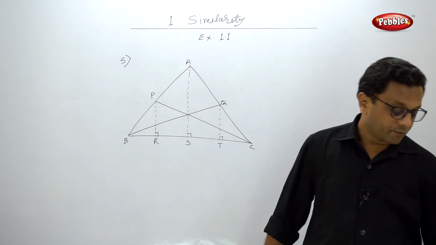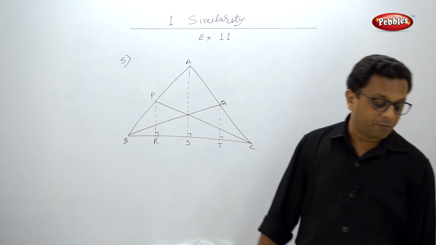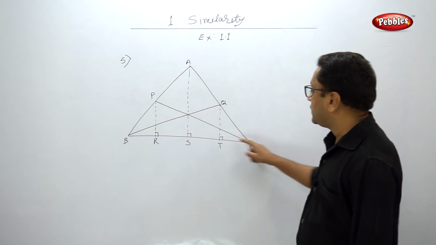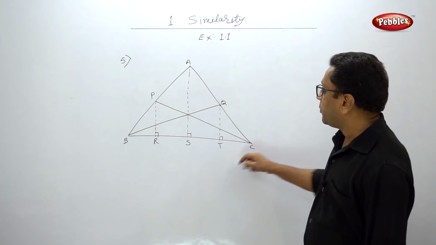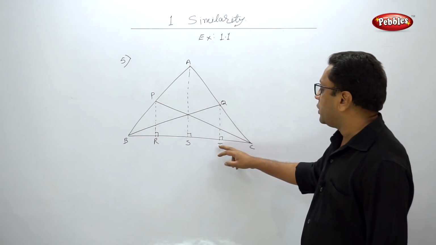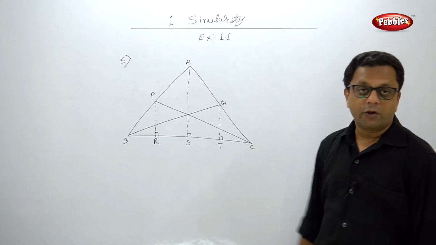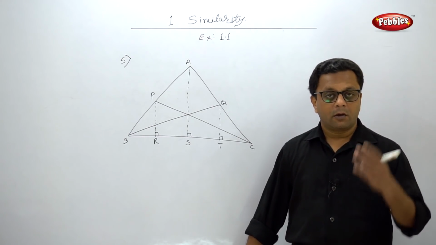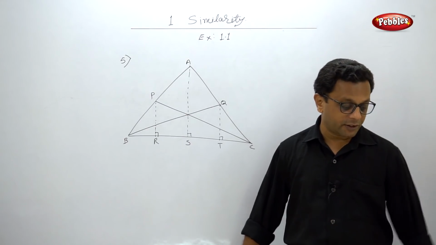Third is PRC upon BQT, PRC, that means this triangle, upon BQT. So here you have to write it in the form of base into height upon base into height.